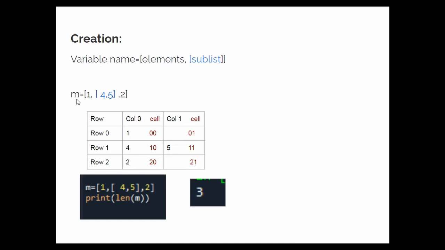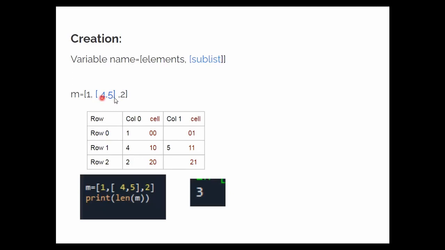For example, I have created a nested list M containing element 1, element 2 and element 3. That means the total length of my list is 3. Why is it 3? Why is it not 4? Because whatever is present inside the square bracket, see, within the square bracket.